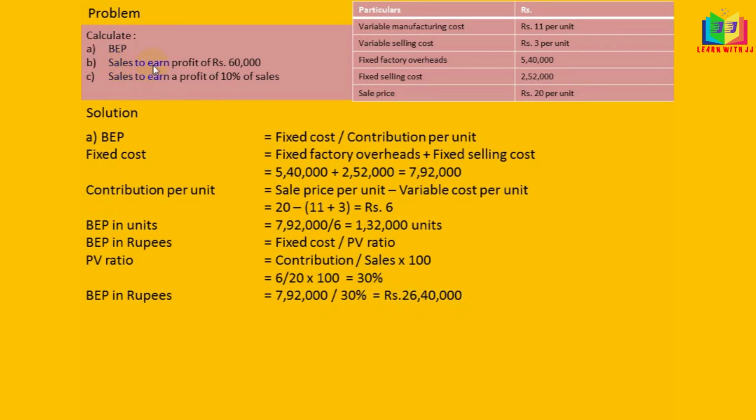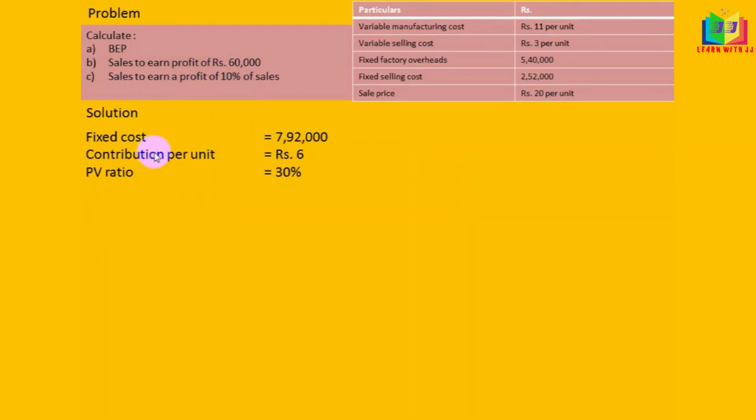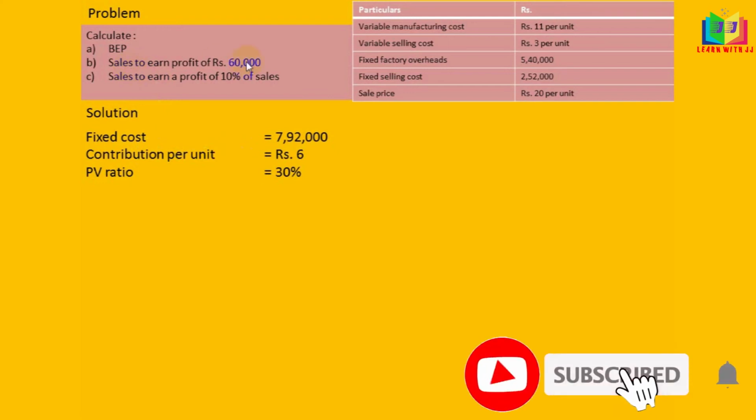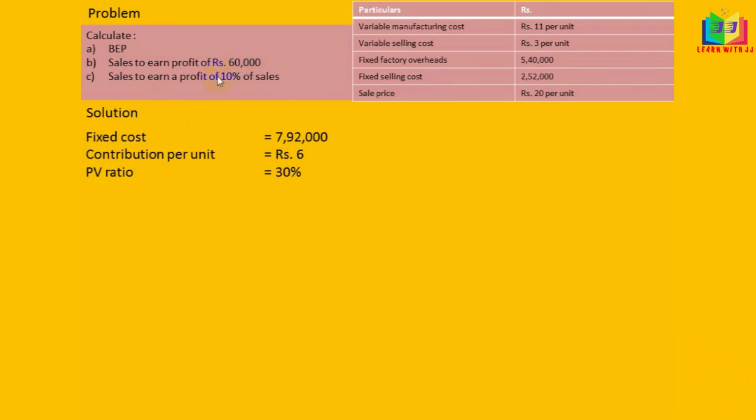Now we'll move on to the second question, that is sales to earn a profit of rupees 60,000. The formula for this is desired profit plus fixed cost divided by PV ratio. For that we need to know the fixed cost and PV ratio, so I have written it here. We can just substitute in this formula.